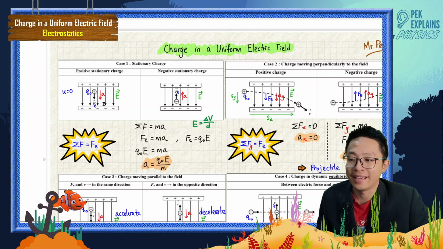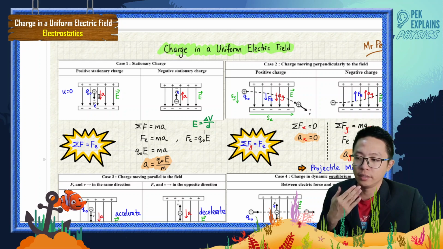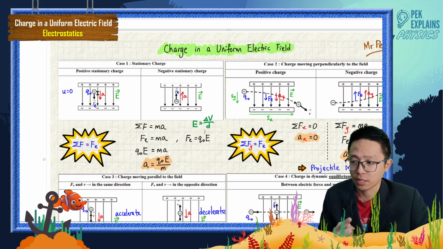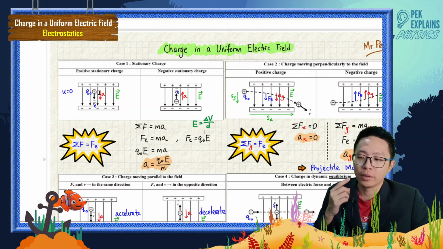To find the acceleration of the test charge, because this test charge is being pulled by the negative plate, this test charge is a positive charge. When this test charge is inside the electric field, of course, it will experience electric force.